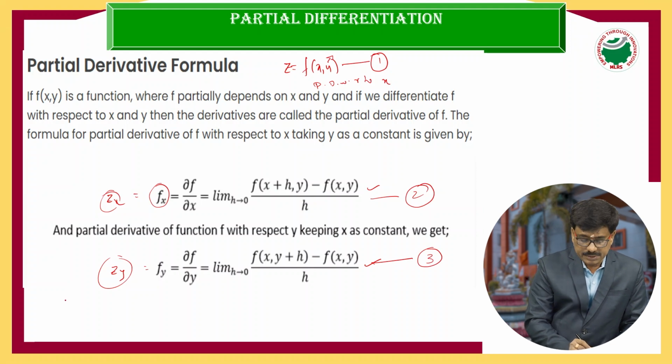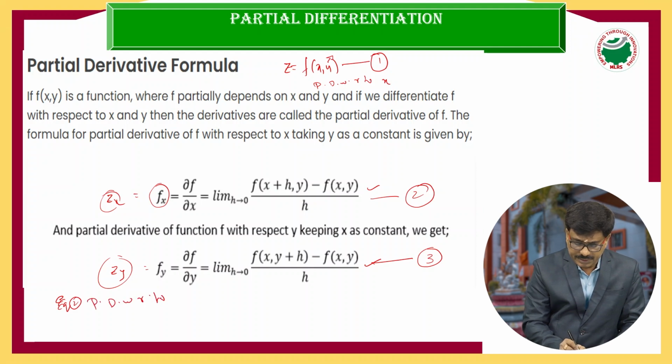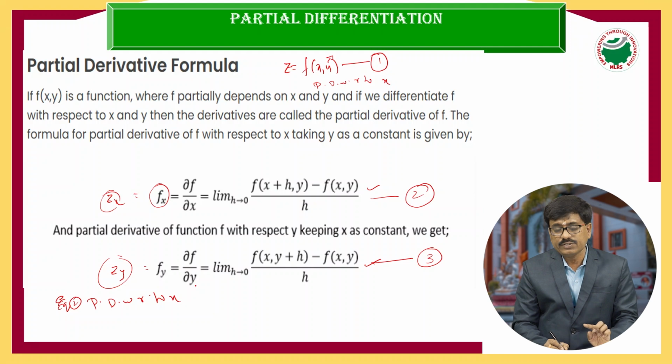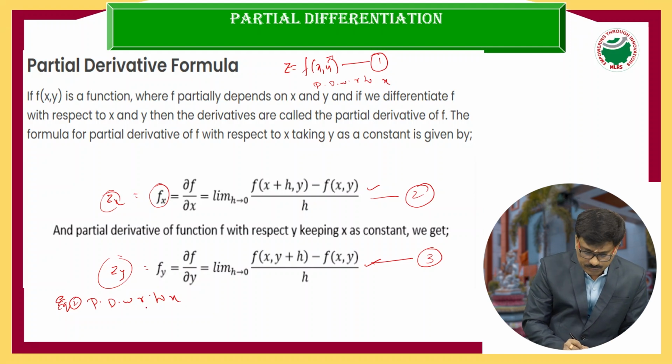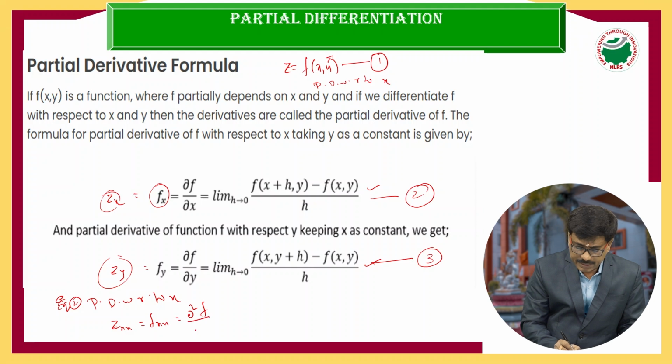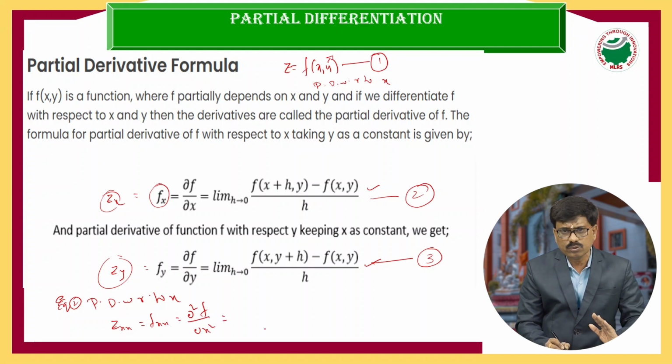Suppose I take the partial derivative of equation 2 with respect to x again, treating y as a constant. Therefore, it becomes zxx or fxx, which is dou square f by dou x square. We are calculating one more derivative for equation 2.